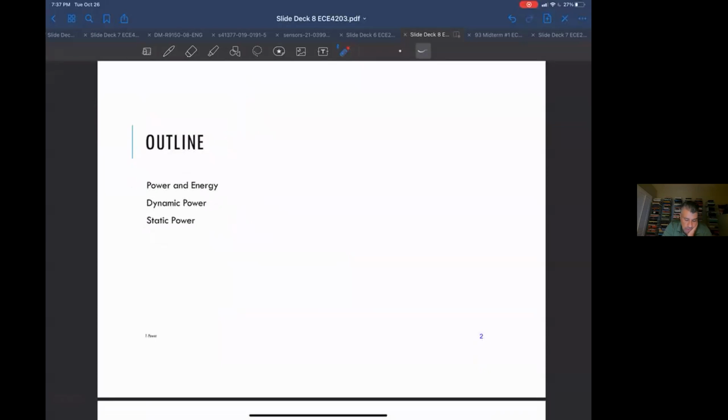But the next thing we're going to cover, moving to the slide deck. So we talked about the speed transfer function of CMOS gates. We're kind of hitting some of the same concepts: reliability of communication is a figure of merit. Speed of calculation or operation is another figure of merit. And then we said power consumption is also a figure of merit.